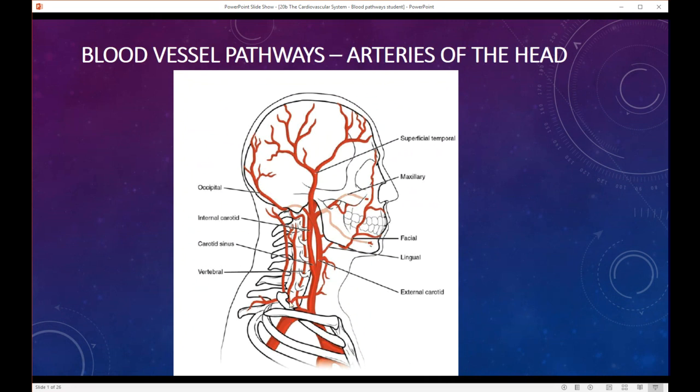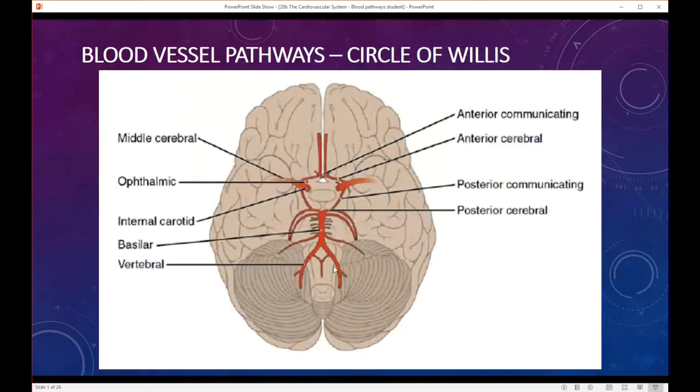Okay. You'll also see right here is the vertebral artery, which goes up through the vertebrae. So this is that circle of Willis, and this is the blood vessel pathways for the brain itself, okay? And so here are the internal carotid arteries coming up, okay? And then we're going to see the basilar artery, and there are those vertebral arteries that we talked about.